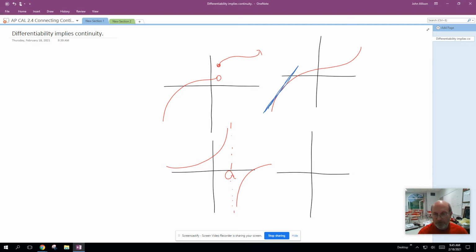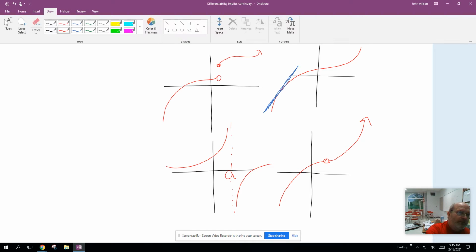And then we had a removable discontinuity. At any of these, there's no way that one unique tangent line could exist.